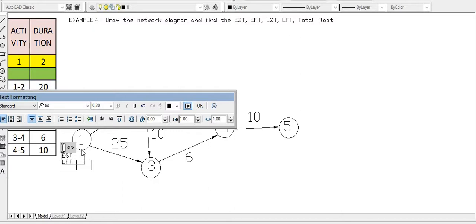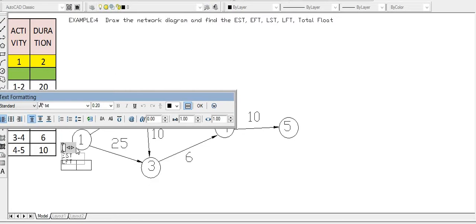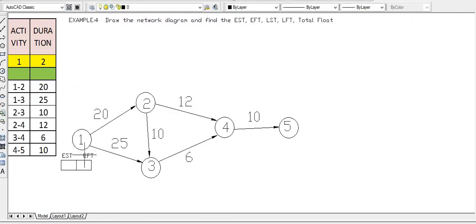So these 2 things, earliest start time and latest finish time, first we have to calculate. We are calculating them for this activity 1 to 2, for this event 1 to 2.